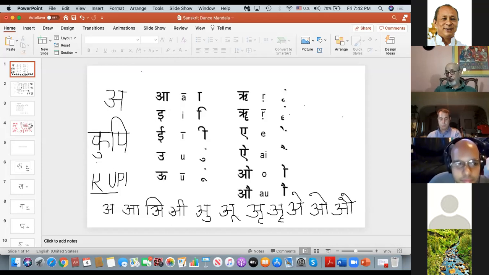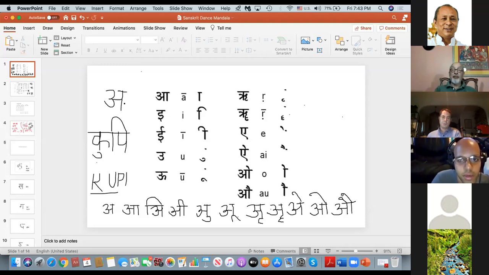These are called matra. Matra means particle. This is a particle of a. Long, this stands for a. This is e. This is u. Okay, so we learn o, a. Repeat after me. O, a.